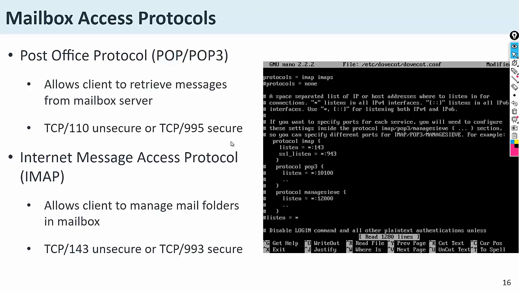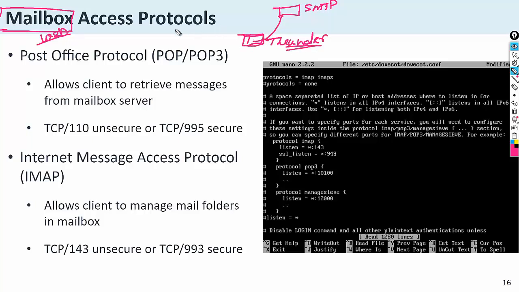So what are the protocols for accessing the mail inside your mailbox? Means if you are the client, using a web browser, like this is the SMTP server, and here is your email client. Email clients means Thunderbird, or you are using Gmail to access your emails.